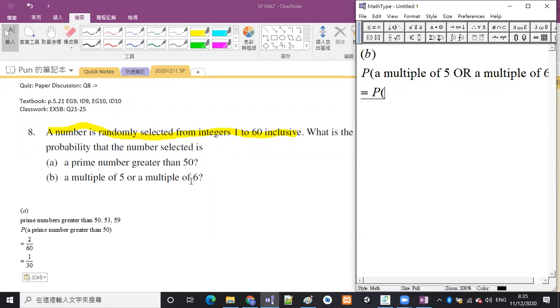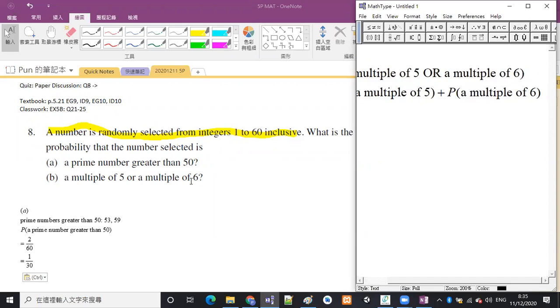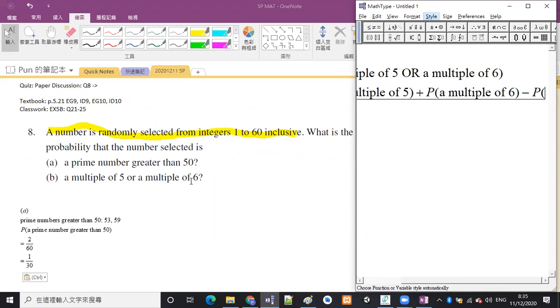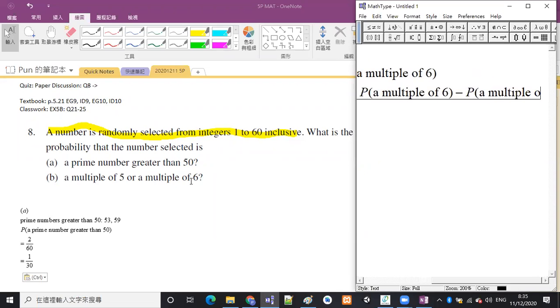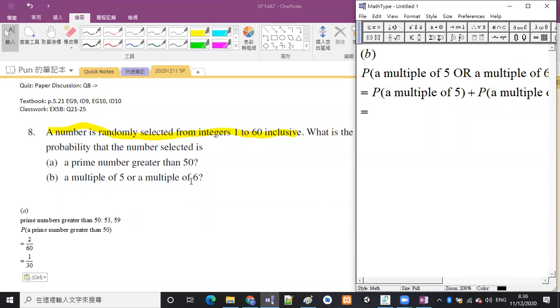So the first requirement is a multiple of 5, plus P(B), the second requirement is a multiple of 6, and then minus P(A and B), which is a multiple of 5 and a multiple of 6 at the same time. So it will be fraction plus fraction minus fraction.